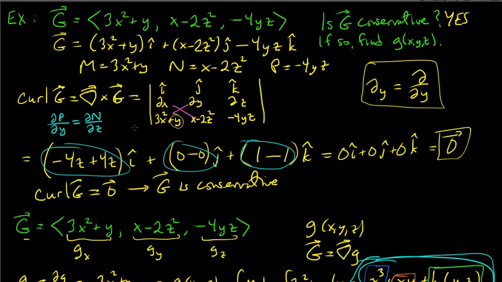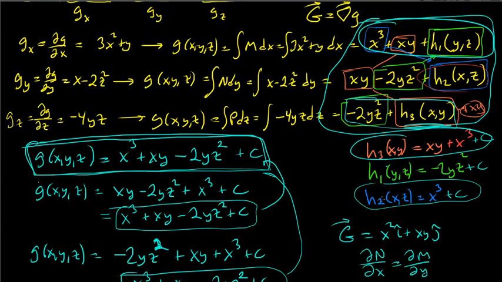Yeah, I think that's it, because this is p, this is n. Okay, fair enough. So you get this equation, you have to check that, and you also have to check that the partial of m with respect to z is equal to the partial of p with respect to x. And then here you have to check that the partial of n with respect to x is equal to the partial of m with respect to y.